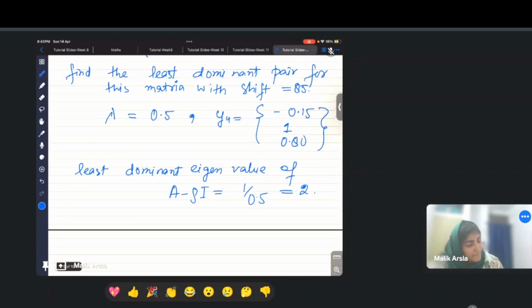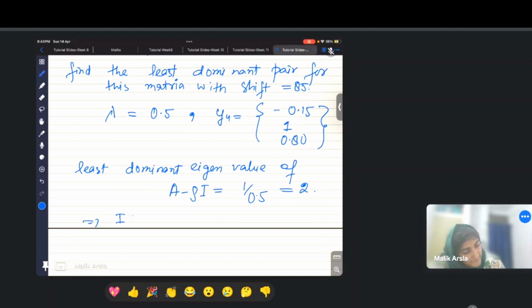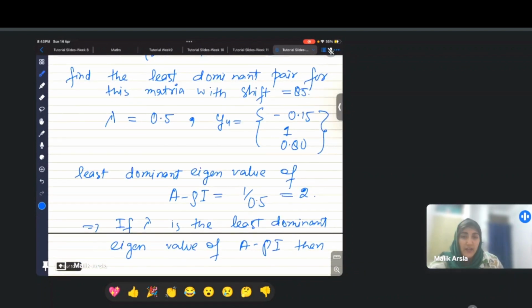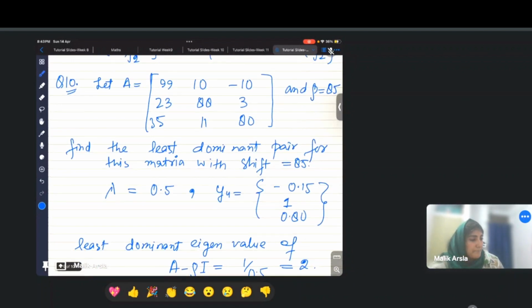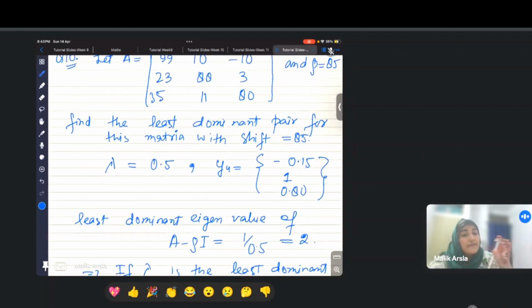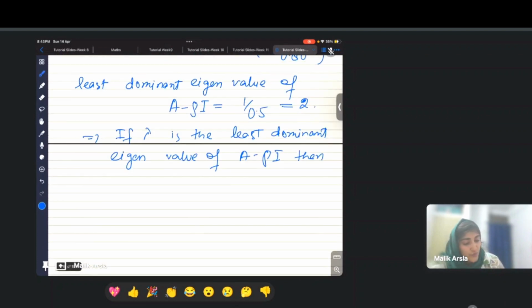So it implies if lambda is the least dominant eigenvalue of A minus rho I, then see, in the question they have asked for A, not A minus rho I, right? They have asked to find the least dominant pair for this matrix. You have to find for this matrix A. So for A it will be what? Lambda minus rho will be equal to 2. Right?